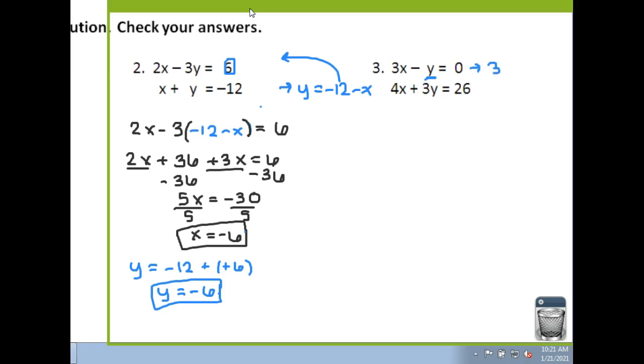So we get 3x equals y. Remember that multiplication and addition are commutative, as are properties symmetric and reflexive. So 3x equals y is the same as y equals 3x. The order doesn't matter. So I'm going to replace my y with 3x.